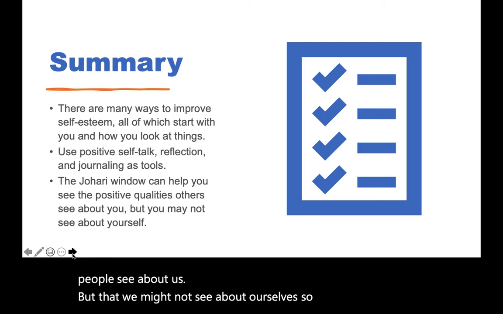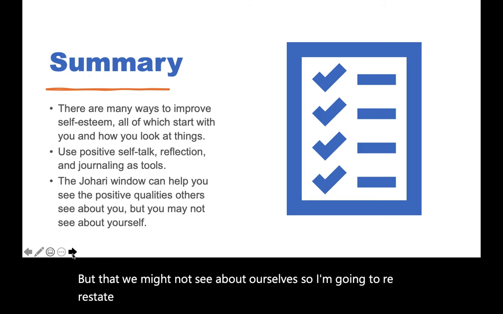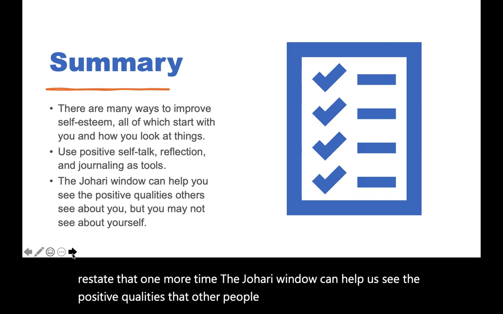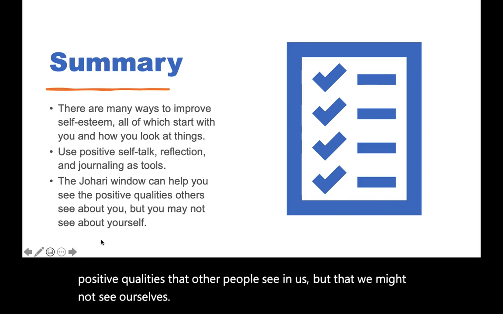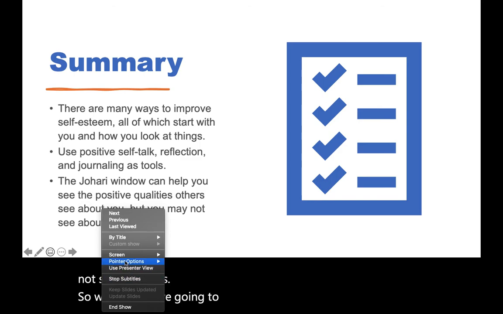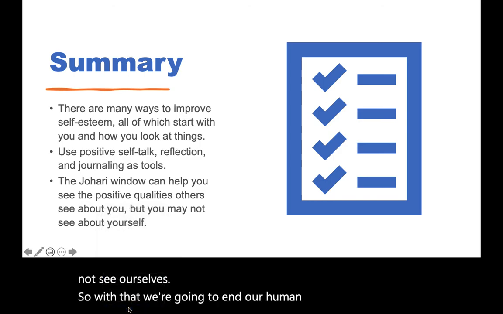So I'm going to restate that one more time. The Johari window can help us see the positive qualities that other people see in us, but that we might not see ourselves. So with that, we're going to end our human relations chapter on self-esteem.